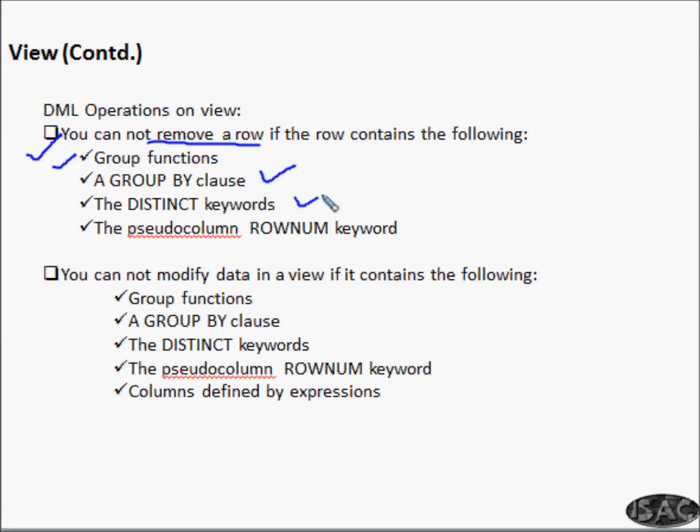Group by clause, distinct keyword, and ROWNUM pseudo columns. If they are there, you cannot remove the records. You cannot modify the data in a view if it has a group by clause, distinct, pseudo column, and columns defined by expression. You cannot do that.